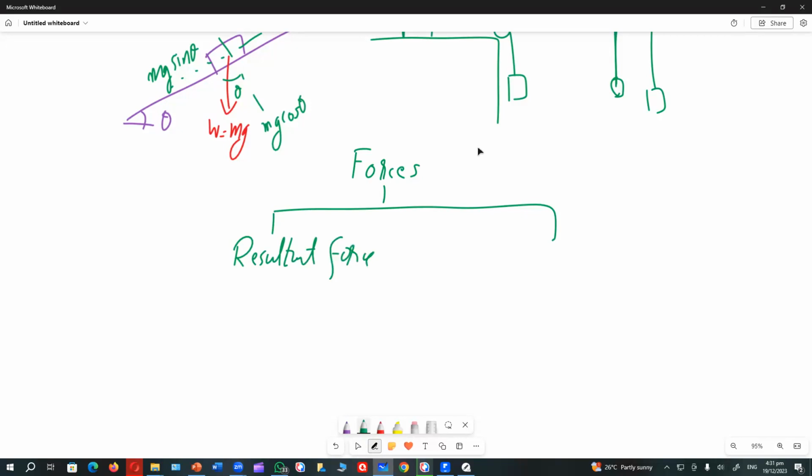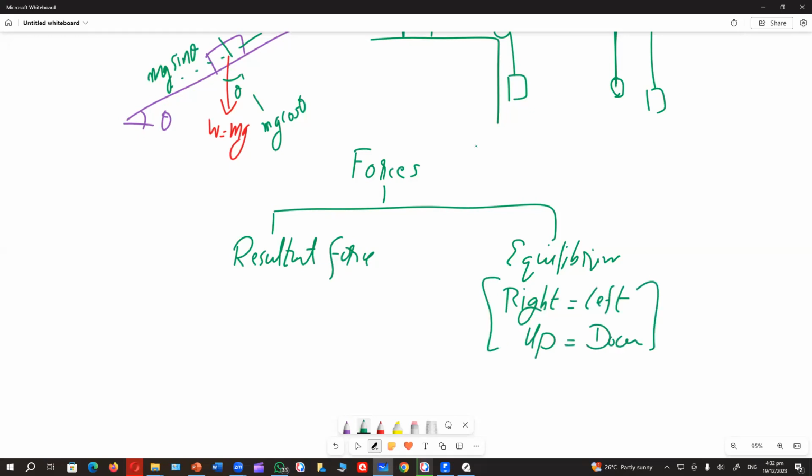And the second option is that the question is on equilibrium. Resultant force I have discussed today in the start of this class. Equilibrium, when you say it is equilibrium, you have to use the logic right is equal to left and up is equal to down. This is the logic of equilibrium.